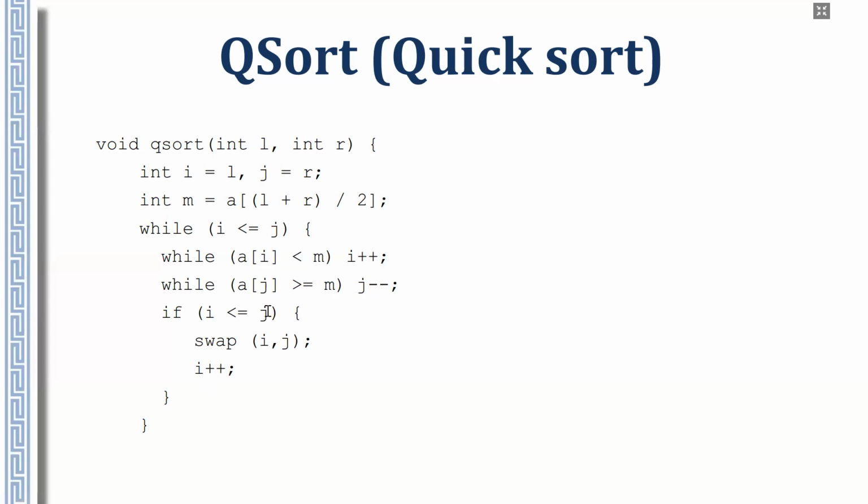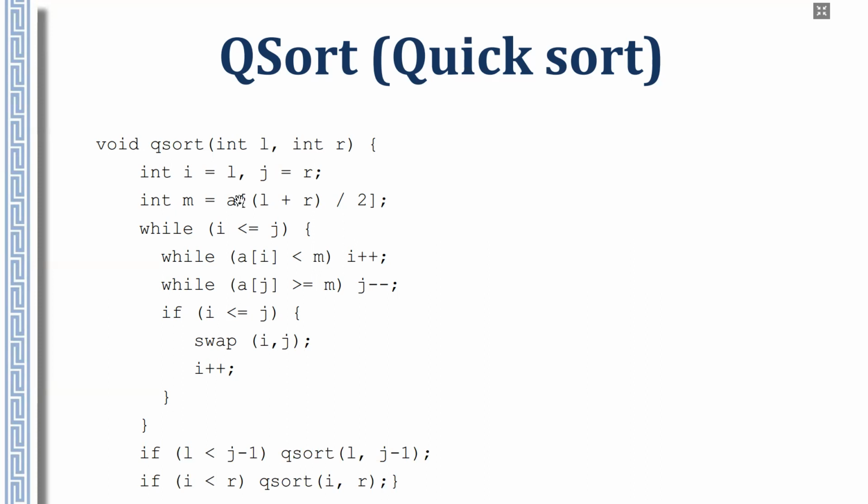We swap them if and only if i is still on the left of j. If they meet, then we do nothing.